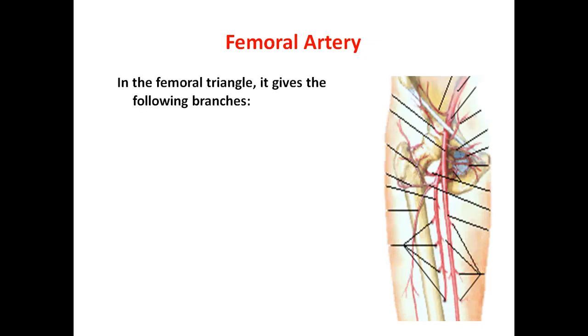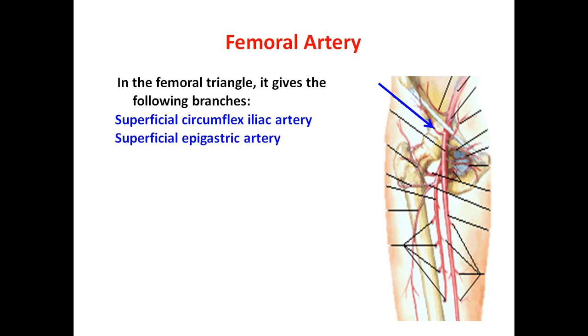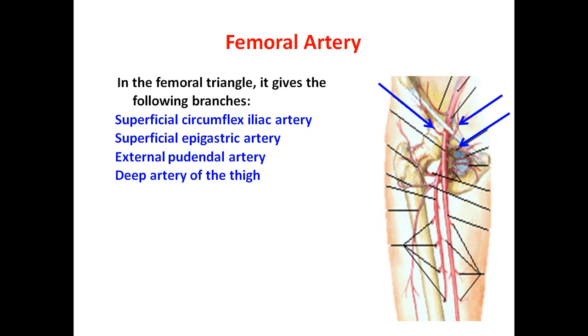In the femoral triangle it gives the following branches: superficial circumflex iliac, superficial epigastric, external pudendal, and the profunda femoral artery. Muscular branches go to the muscles of the front of the thigh. You can see the profunda femoral is giving 4 perforators. Actually the 4th perforator is a continuation of the profunda femoral. These perforators will perforate a structure, and that structure is adductor magnus.